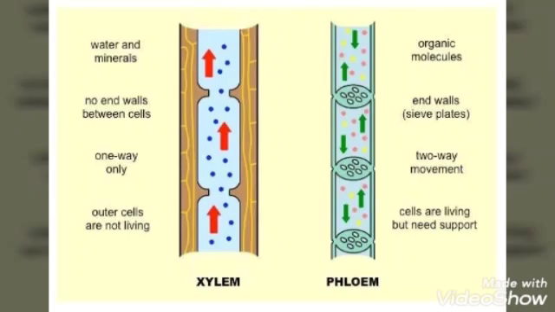Materials like sucrose are transferred into phloem tissue using energy from ATP. This increases the osmotic pressure of the tissue, causing water to move into it. This allows the phloem to move material according to the plant's need.